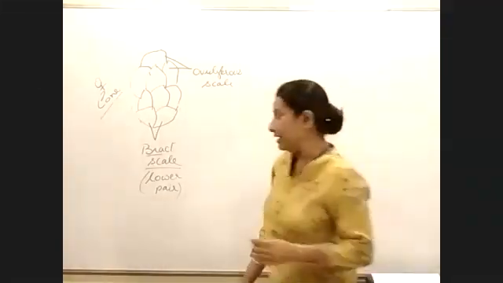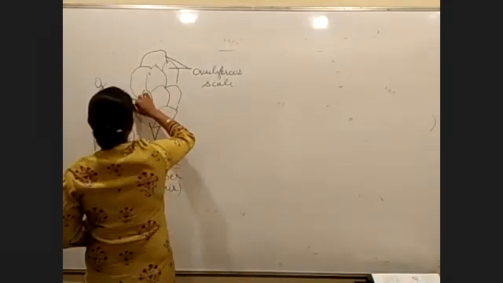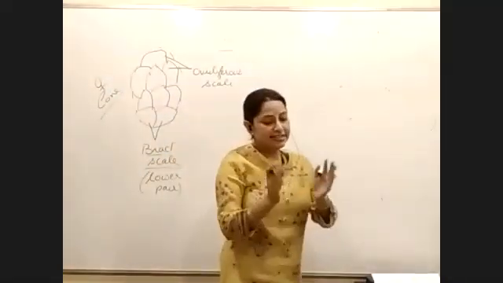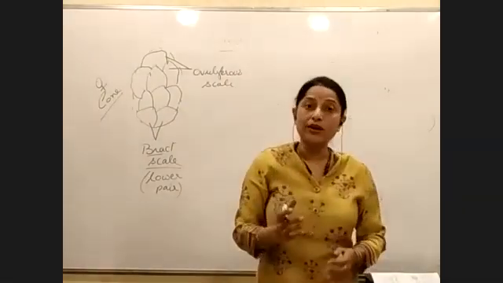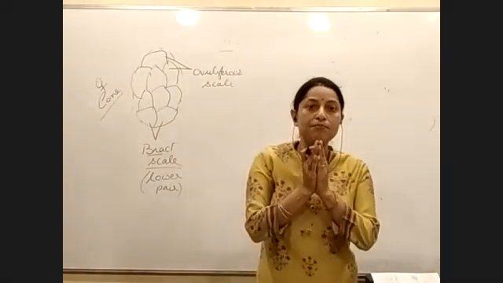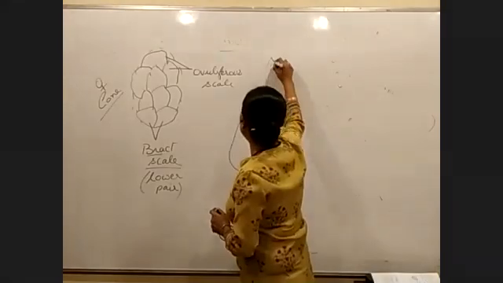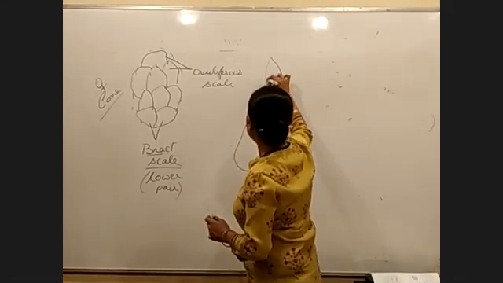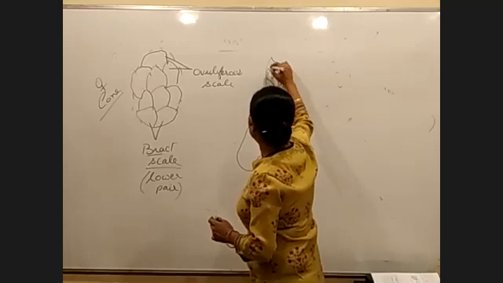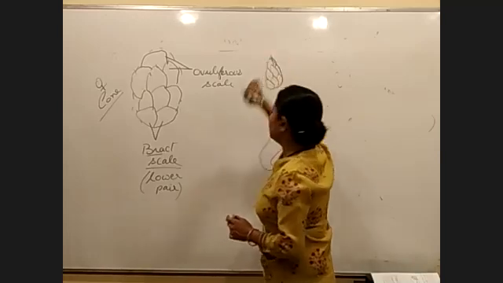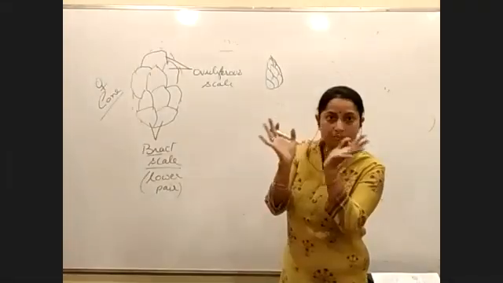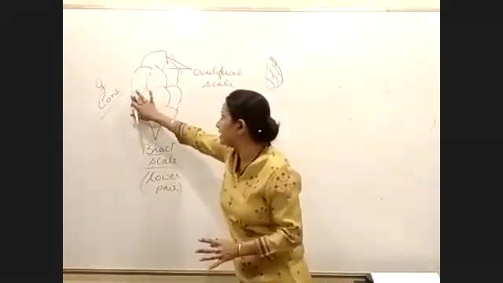So when this cone forms, in the initial stage of formation it is an almost compact structure, something like this, right? As the cone matures, the sporophylls will spread apart a little, and so we see something like this.